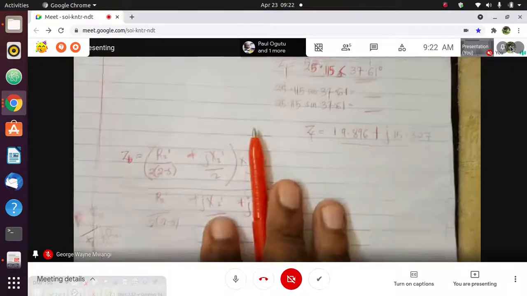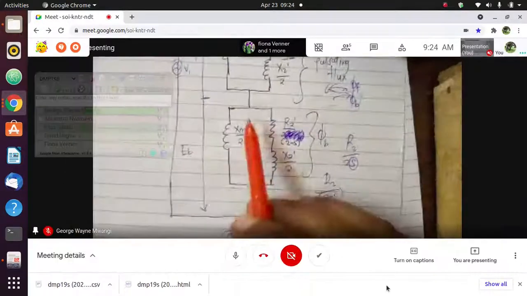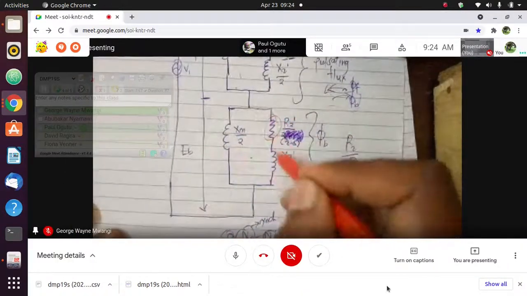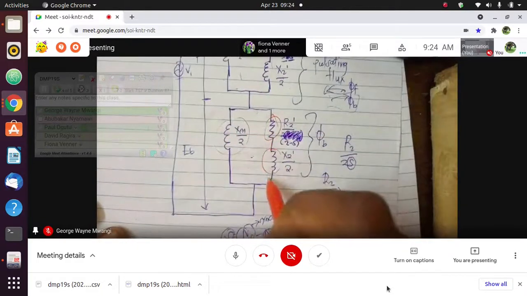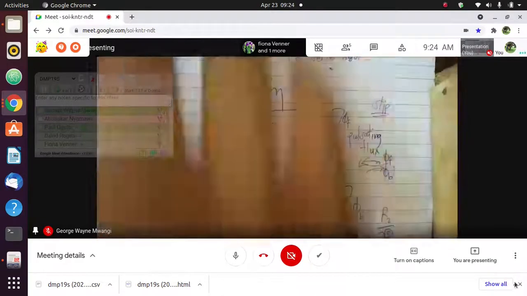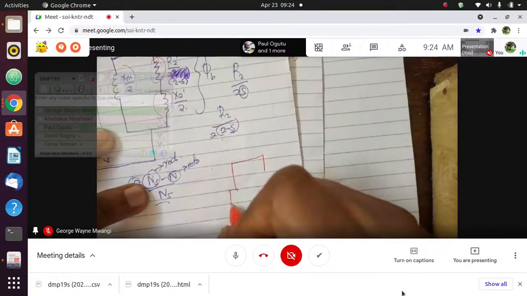Now looking at our diagram, these two are connected in series, and this one is in parallel to these two. We have resistances in series, and then in parallel.